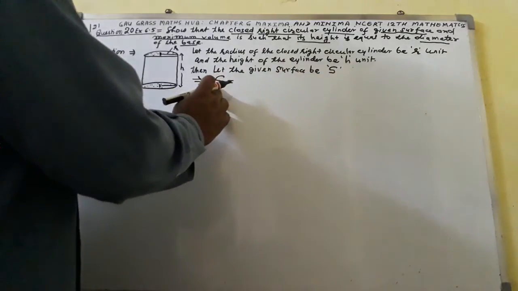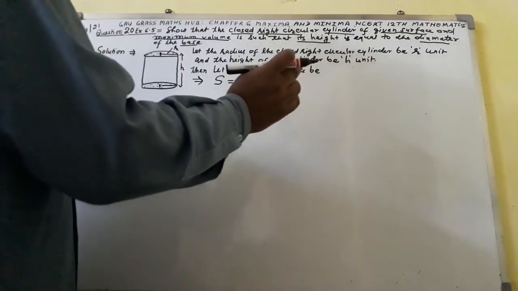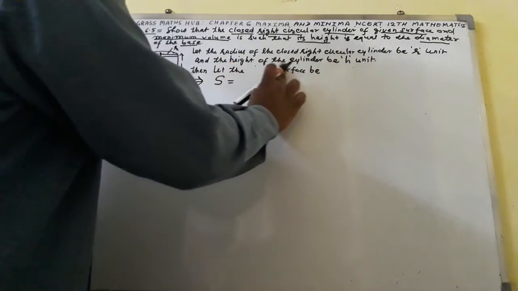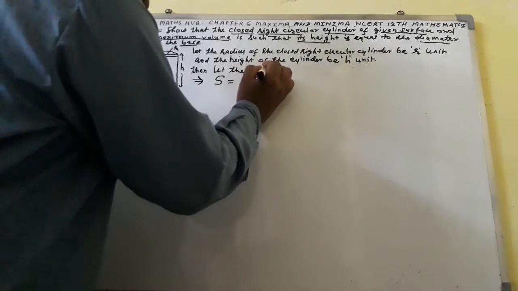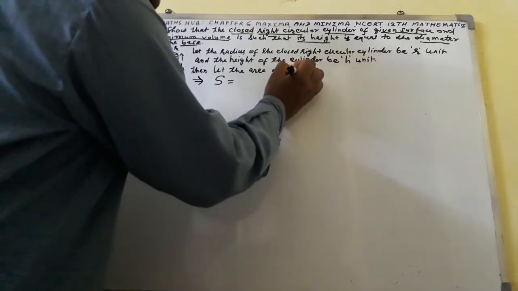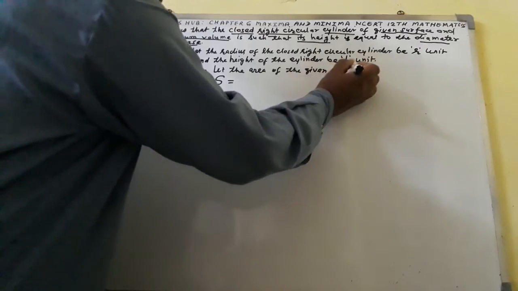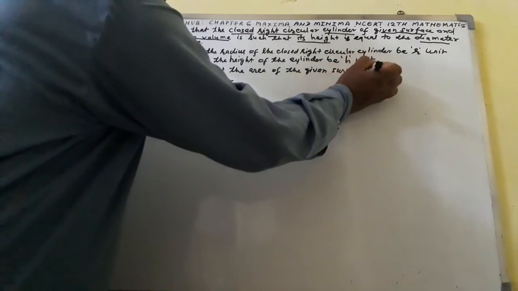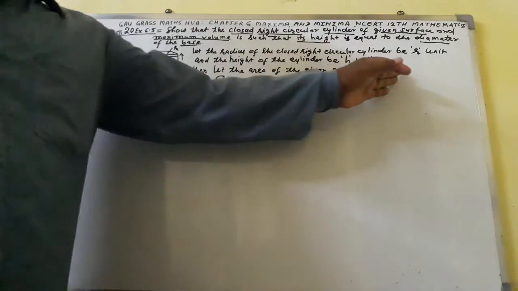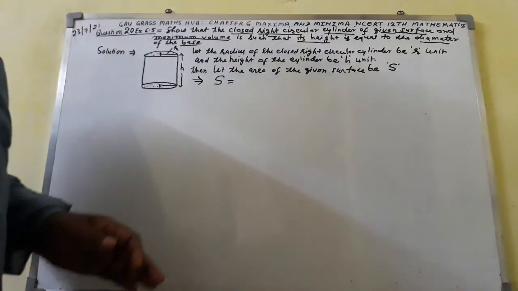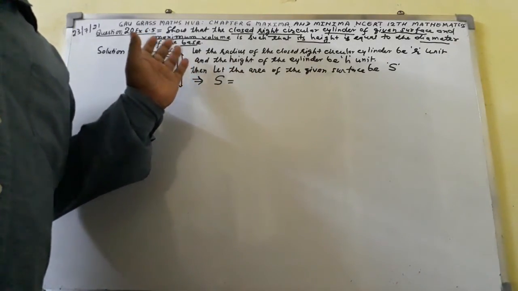So let the area of the given surface be capital S; capital S is the total surface area of the given cylinder.